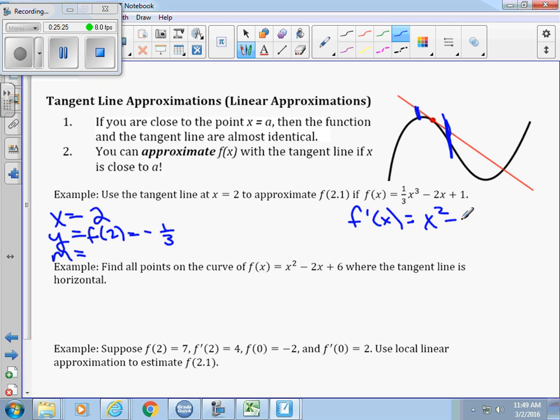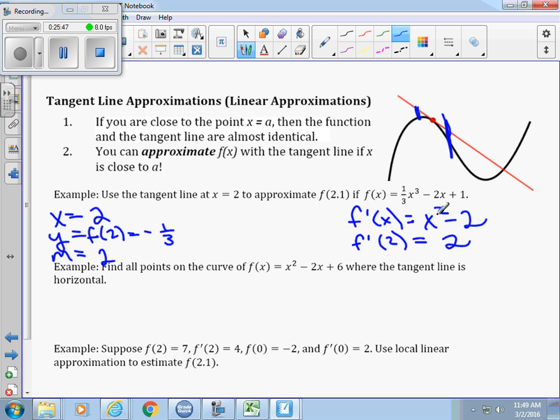x squared minus 2. So what is f prime of 2? 4 minus 2. Good. If your slope has an x in it, you did something wrong. Don't put this down as a slope. That's the slope at any x, but I want to know the slope at 2.